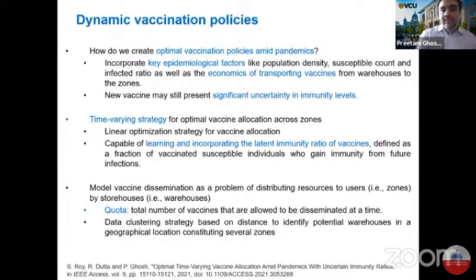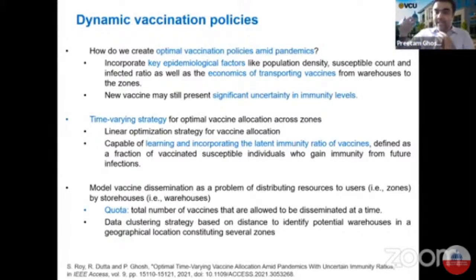For this, we created a dynamic algorithm based on optimization. But what is very important is that we had to consider uncertainty in immunity levels. You'll see this bullet point right here. We say Pfizer's vaccine is 95% effective, Moderna's vaccine is 95% effective. These are not just real numbers to consider when you're making vaccination policies, because you cannot expect 95 people out of 100 to be immune to the infection.